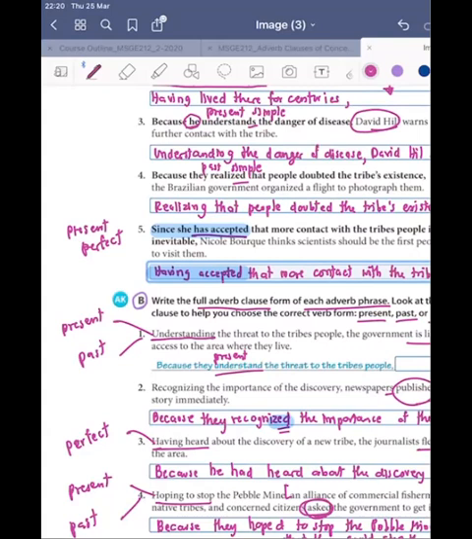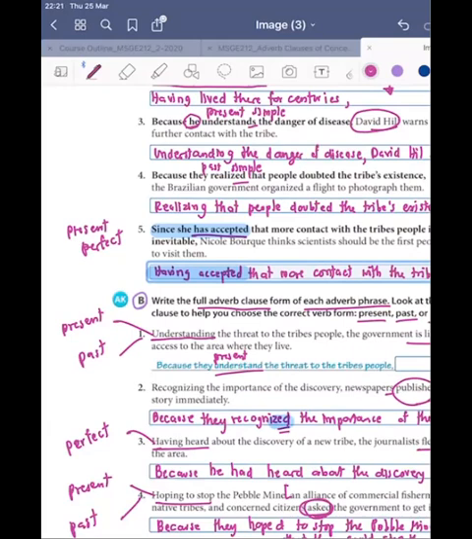And regarding the tenses, if you're using present or past tense, you change it to ing. But if you're using perfect tense, present perfect or past perfect, you have to change it to having plus past participle, or verb 3.